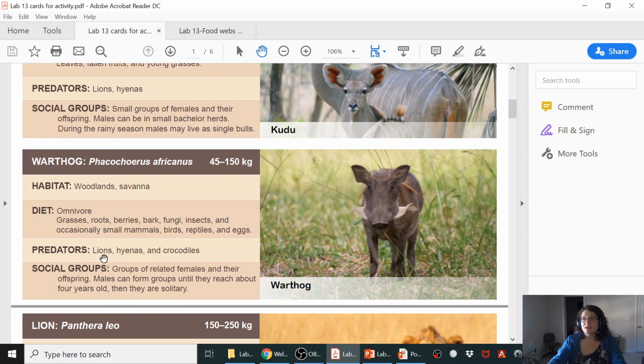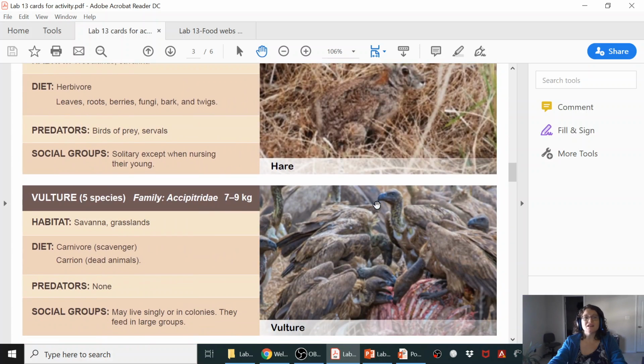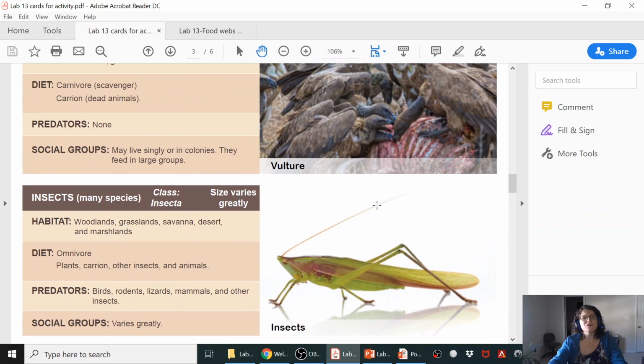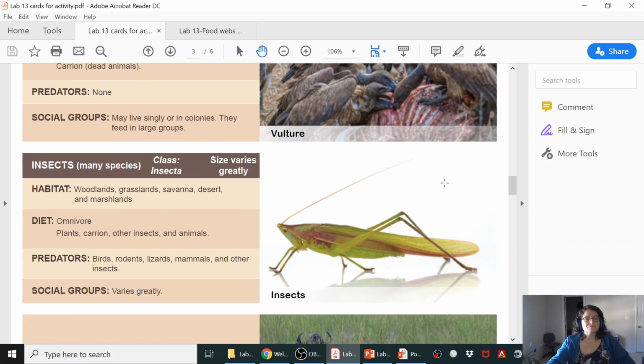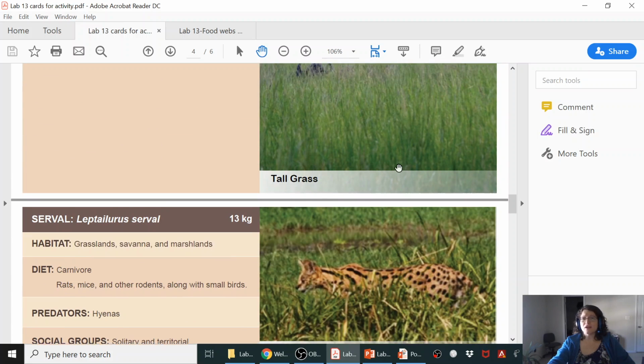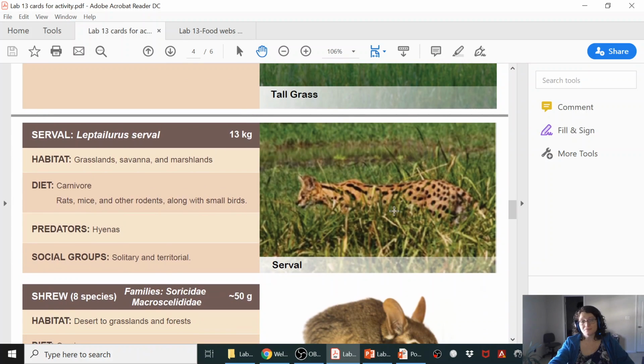We have the warthog. They have lions. Some of them are omnivores, okay? They eat multiple things. And so it goes through, it has lions, and it has impalas, and it has vultures, which are decomposers, okay? And next, we have tall grass. Some of them eat tall grass, some of them eat short grass. So this is one of the producers, okay? Serval, carnivore.